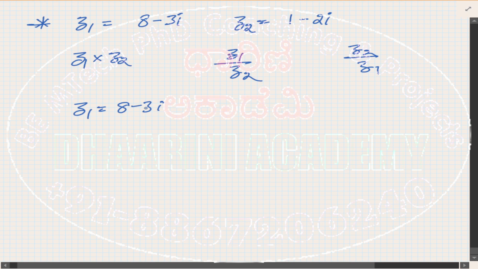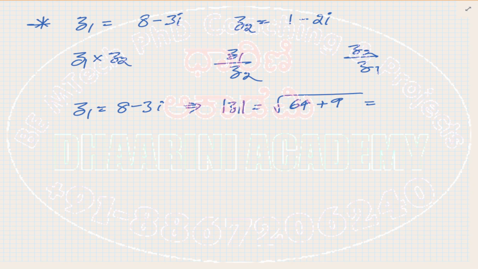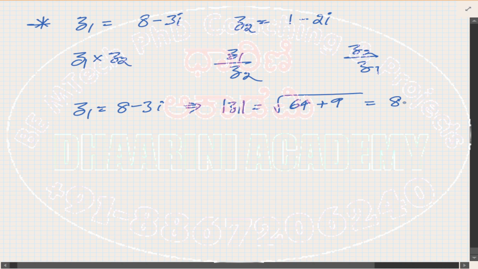So calculate magnitude of z1, that is root of 8 square 64 plus 3 square 9. Okay, so this comes to be 8.544.